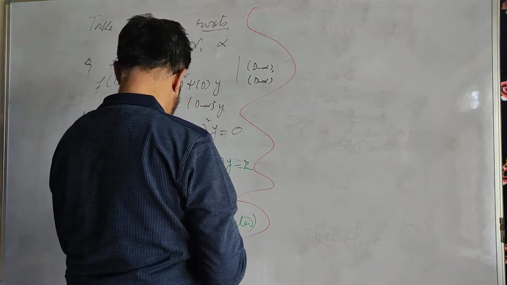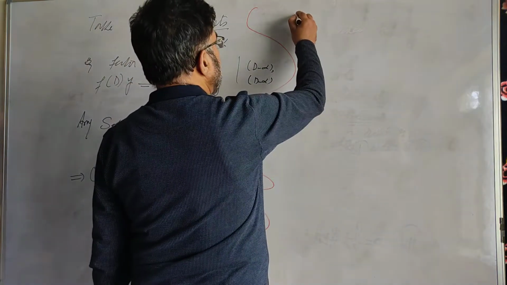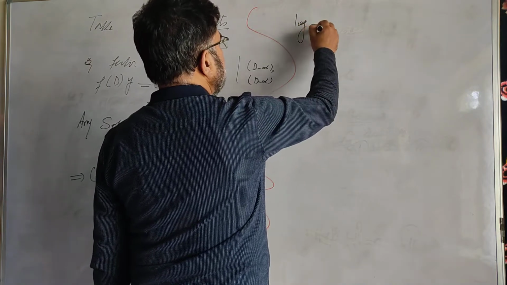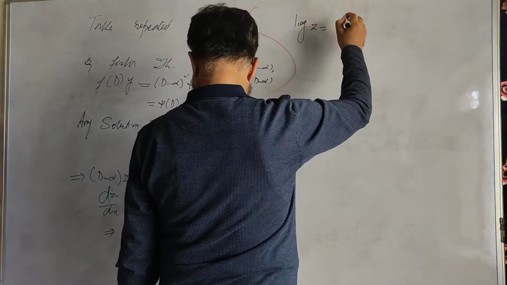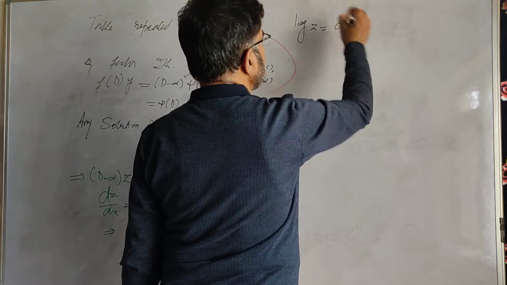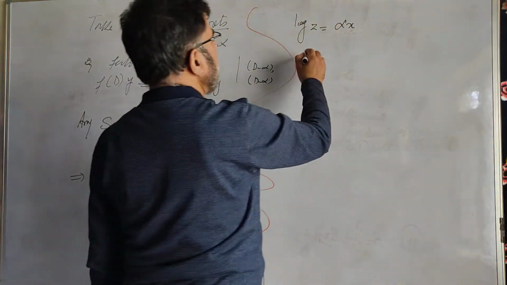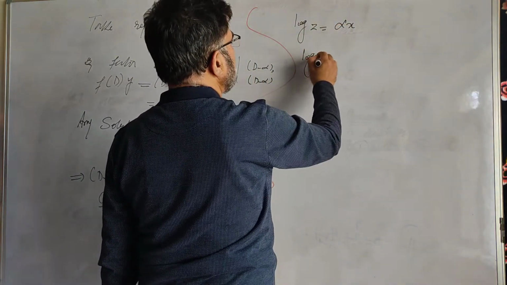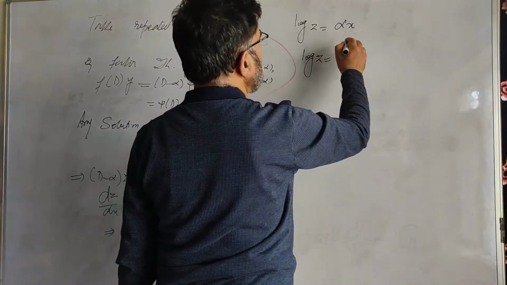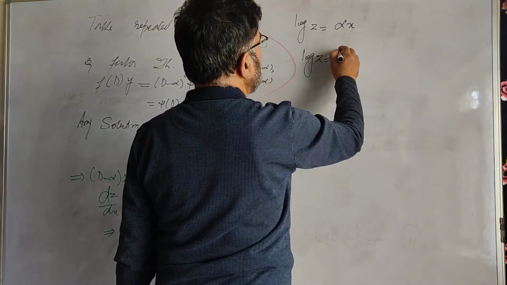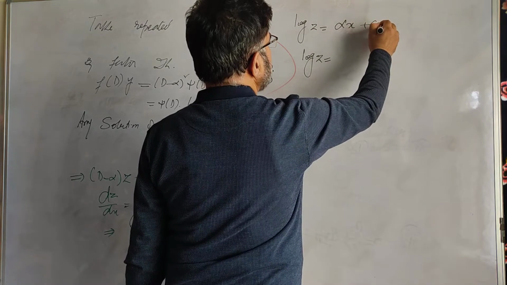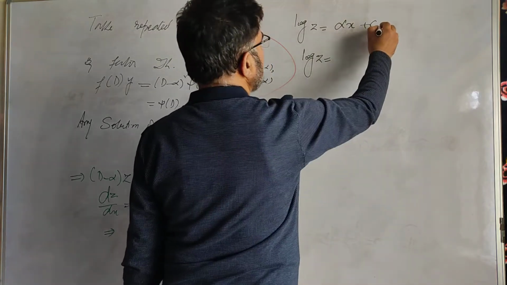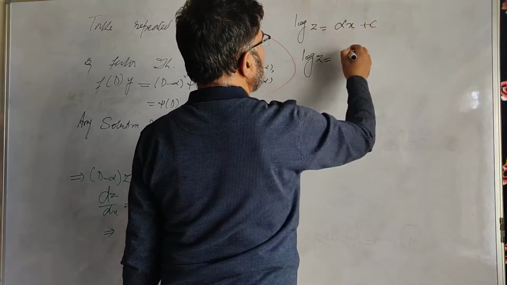This is log of z is equal to alpha x. Okay, I can write log z is equal to alpha x plus a constant, say c1.